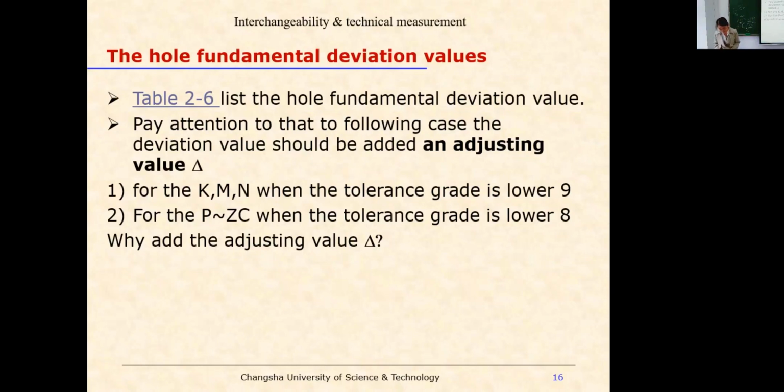And find the column of fundamental deviation, like the A and B, the A column on page 34. For the shaft it's minus, right? For the hole it's plus.